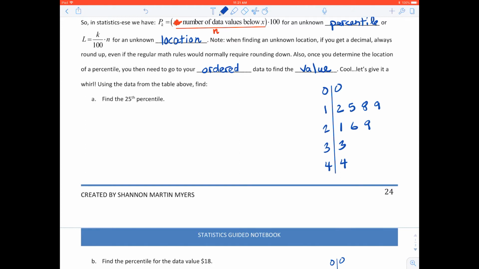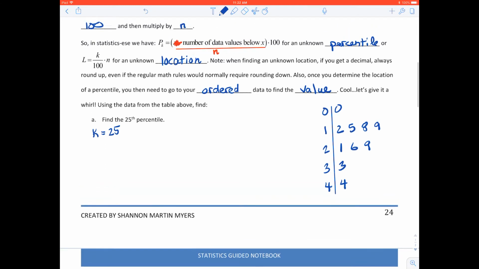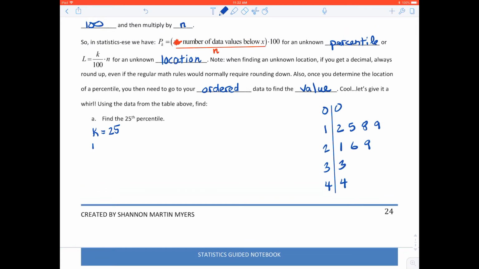So the 25th percentile, what we have is we have that our K is equal to 25. What was N? How many data values are there? Good. N is equal to 10. And then I think we will have what we need. So the general formula, remember, was L is equal to K divided by 100 times N. So L will equal 25 divided by 100 times 10.